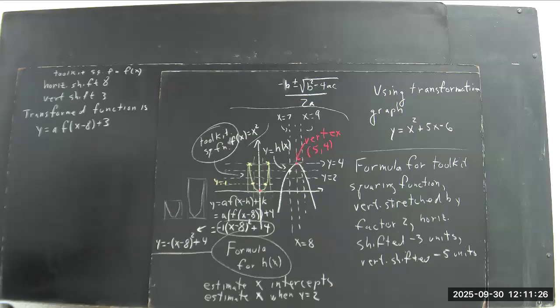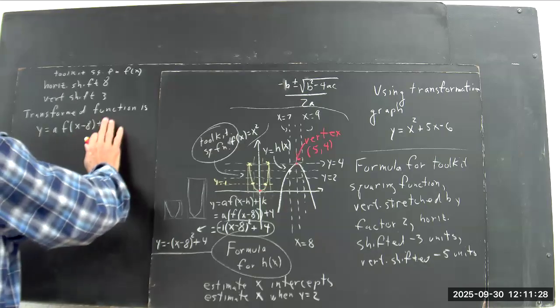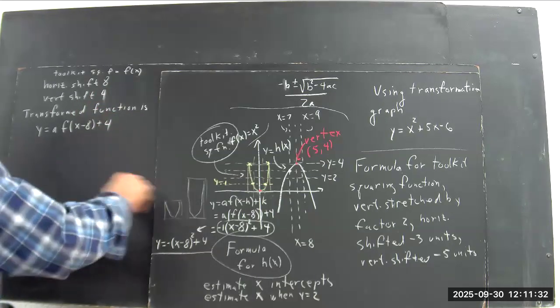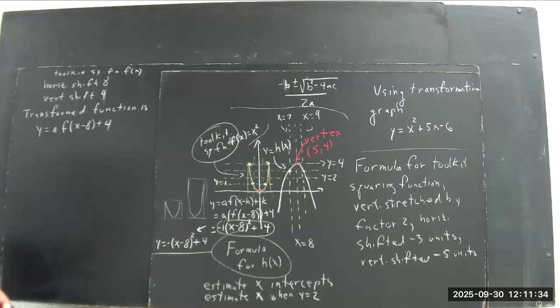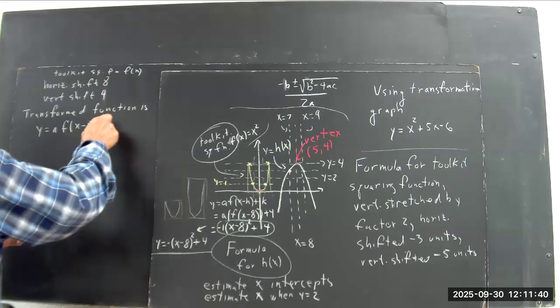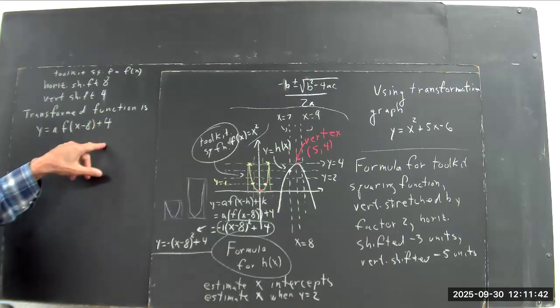Where did I get 4? Sorry, plus 4 here. Vertical shift was 4. Looked at the wrong part of the board. Yeah, just a little more legible. Okay, we're up to that.